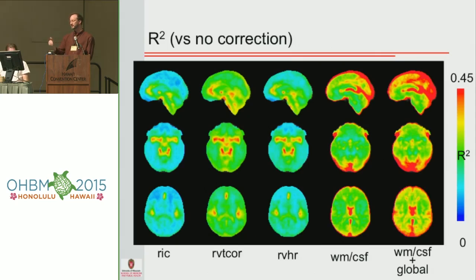Whereas when you do the white matter, CSF, and global corrections, you account for a lot more variance, but in particular in the draining veins, and not at all in the circle of Willis. So just by doing white matter, CSF, and global signal regression, you're not accounting for the pulsatile blood flow in the circle of Willis. So there is some value to having the actual physiological signals in addition to the global, white matter, and CSF.